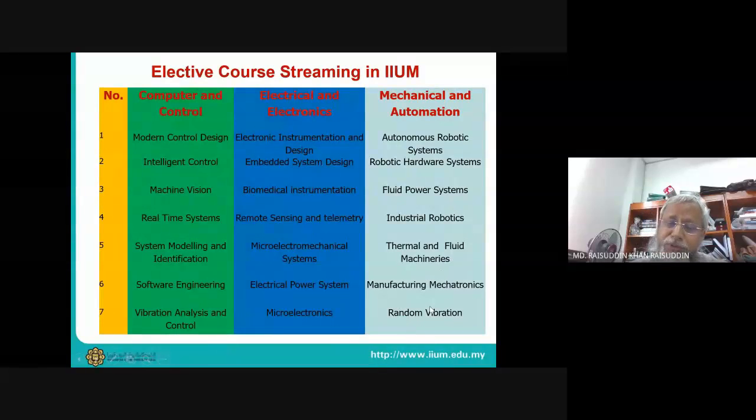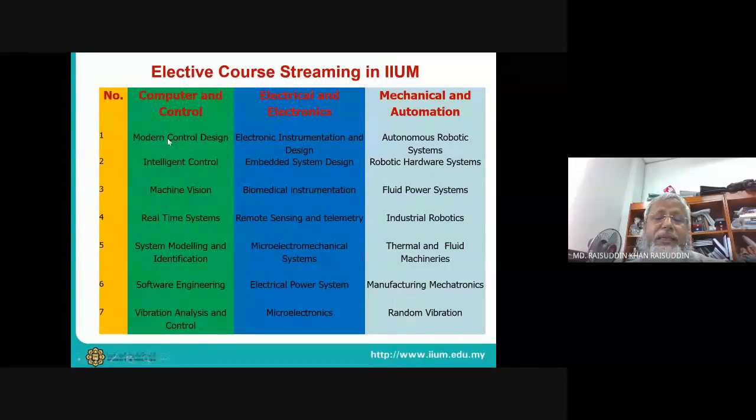So these are the courses. But the way our structure is currently being executed, not necessarily you have to take these three courses from any one stream. If you are interested, you can take these three courses from the streams that you want to combine.